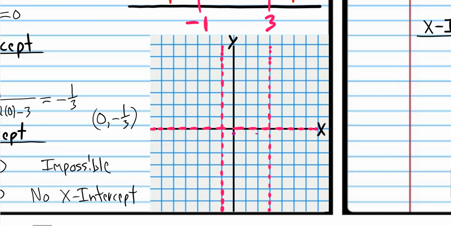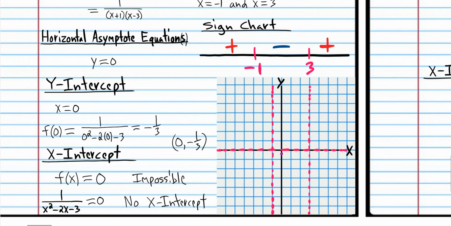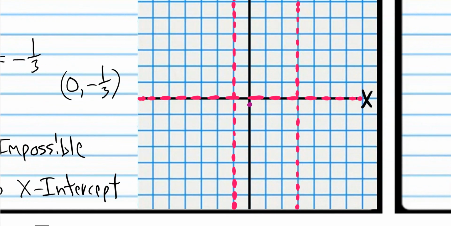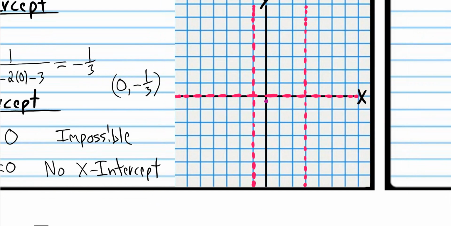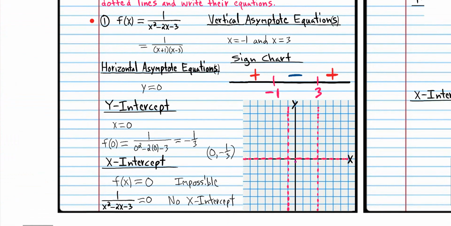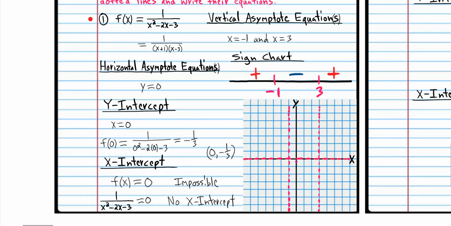Now I'd like to know what it looks like in this region, so I'm going to plug in some values. If you're not quite sure what the graph is going to look like, because we could draw it like this, but that's not really what it looks like. So we need to find some more points. So let's try plugging in 2 up here for x.